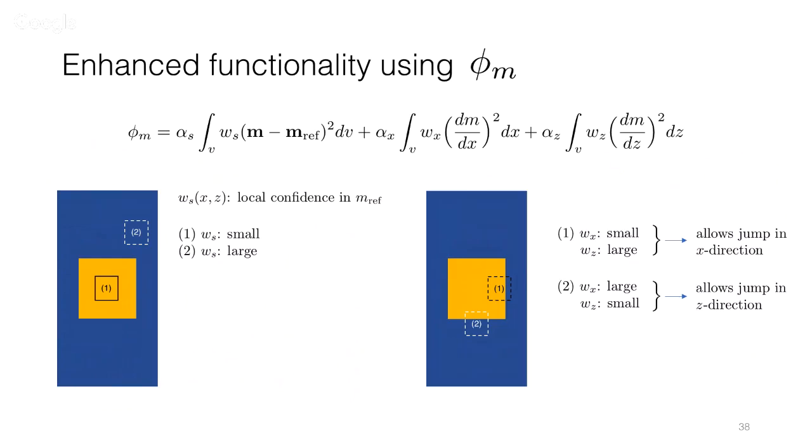Whereas in this location here, Wz should be really large because you still want variations in the Z direction. And here, you want variations in the Z direction, but not in X, and so you can adjust the W's.